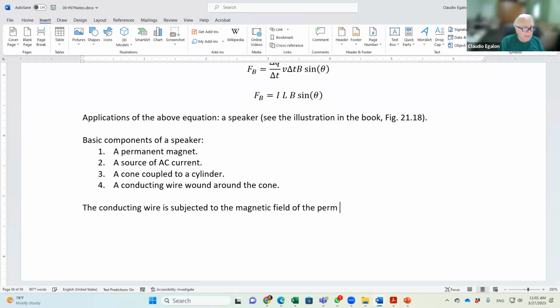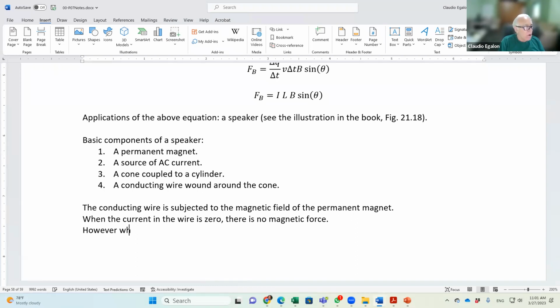When the current in the wire is 0, there is no magnetic force.